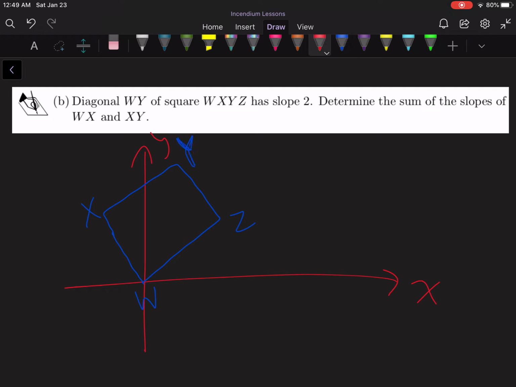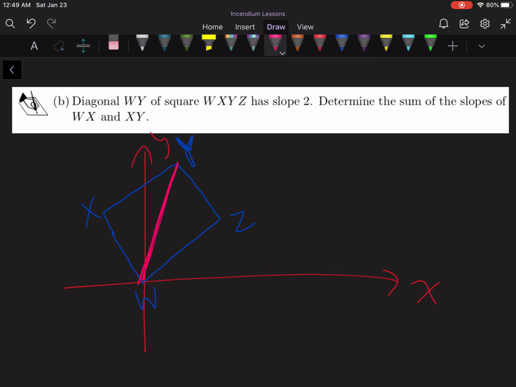WY has a slope of 2, and they want us to find the sum of the slopes of WX plus XY.